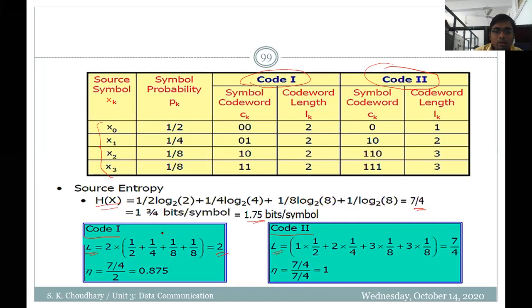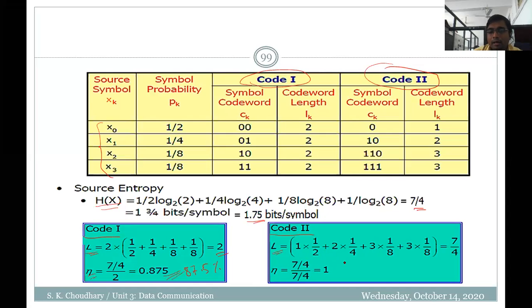Okay. So in the case of code 1, efficiency would be entropy upon L, that is 0.875, which means 87.5%.